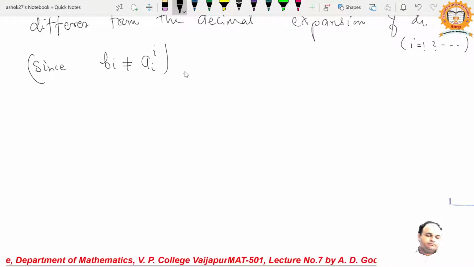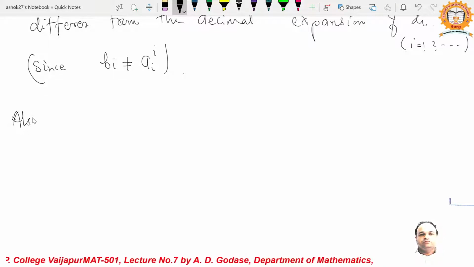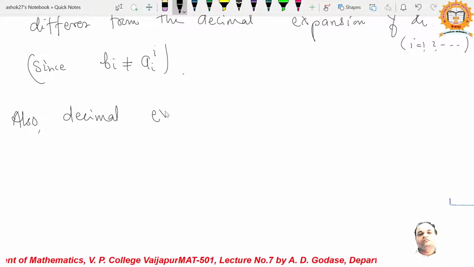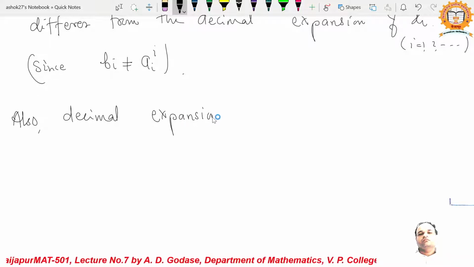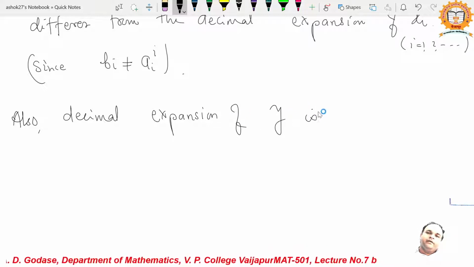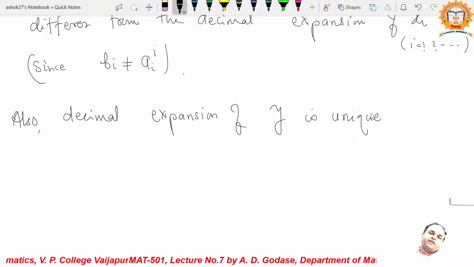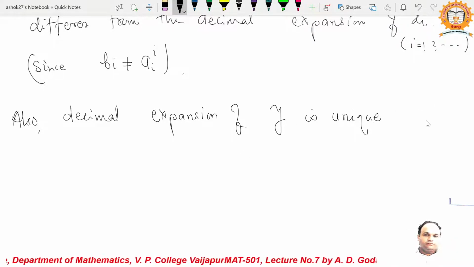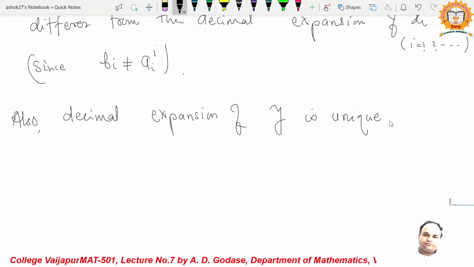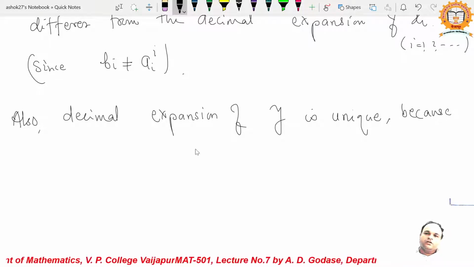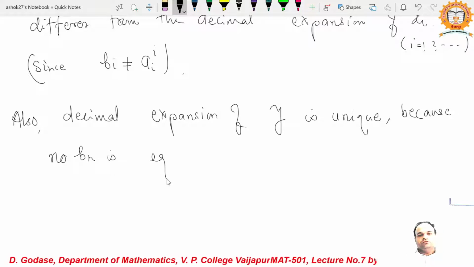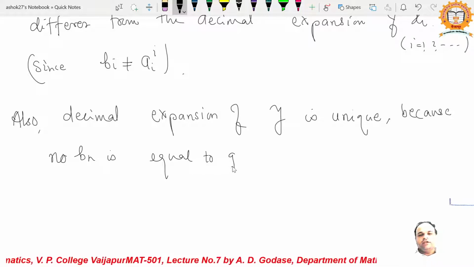Hence, also it is always true that the decimal expansion of y is unique, meaning you can write y uniquely in its decimal expansion, because no bn is equal to 9.